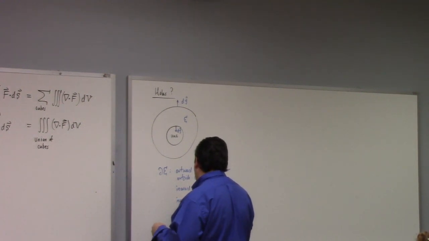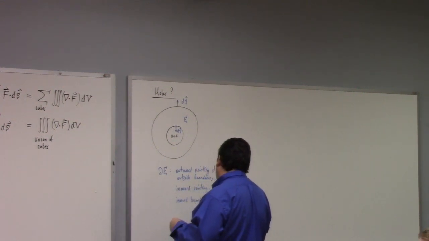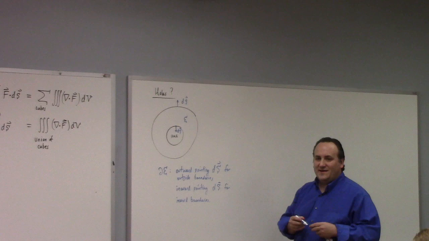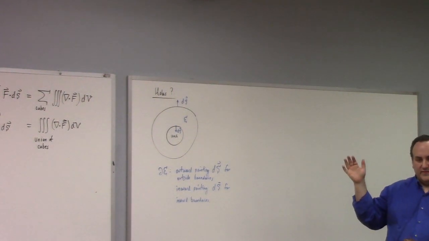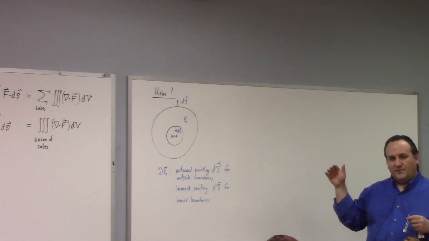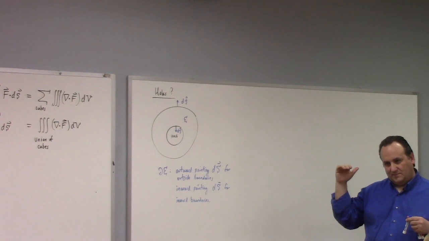Now you will ask me, what's the real rule? The real rule is that whichever way the normal is pointing on the boundary of the solid, the normal is not pointing into the solid itself, local to the surface which it's bounding.